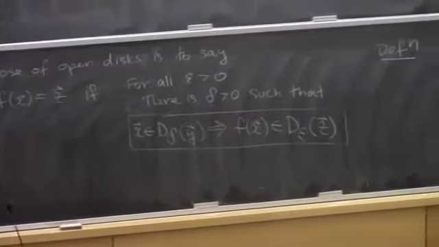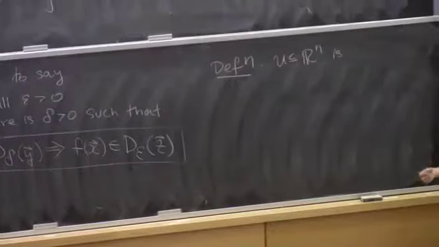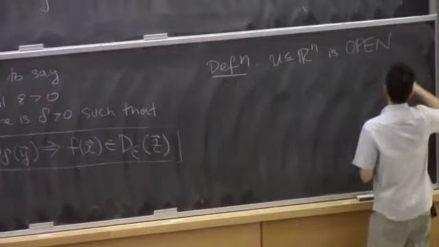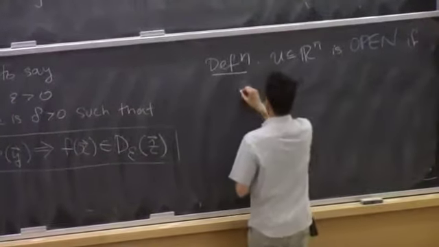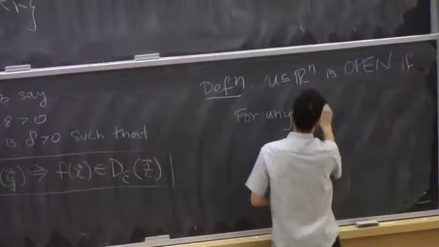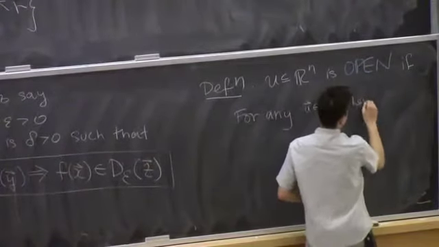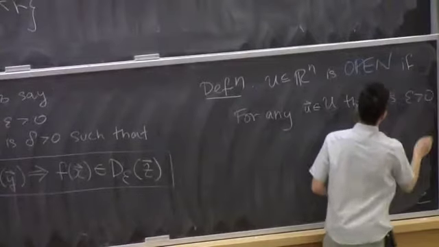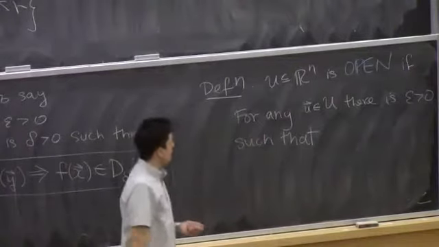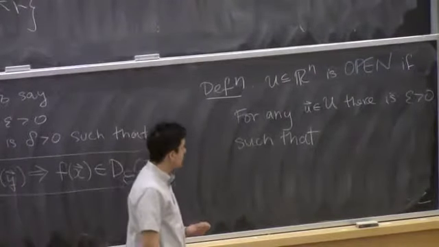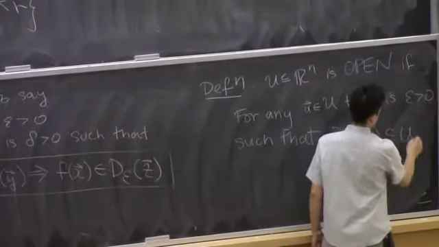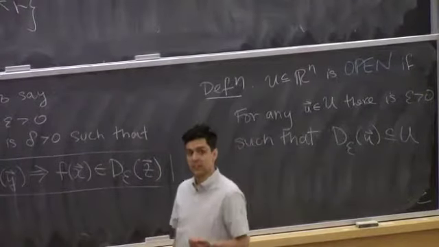Okay, so we've defined an open disk. We're going to say that a subset is open if for any point u in that set there is an epsilon such that D_epsilon(u) is contained in our set.